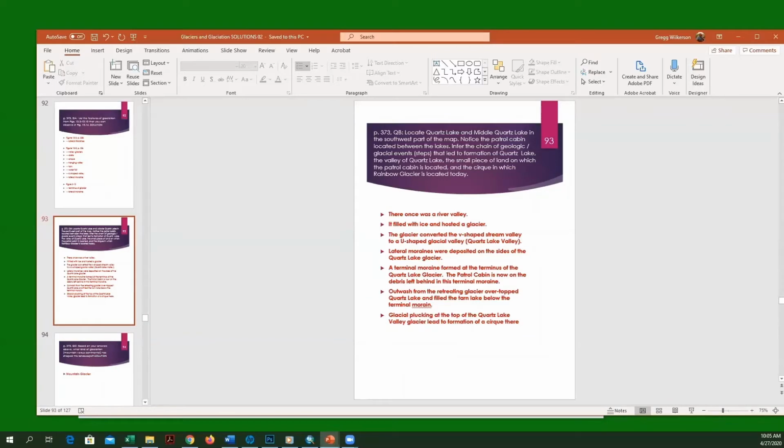So question B asked you to find this middle Quartz Lake, and notice that the patrol cabin is located between the lakes. Infer the chain of geologic events that led to the formation of Quartz Lake, and the little piece of land that the patrol cabin's on.